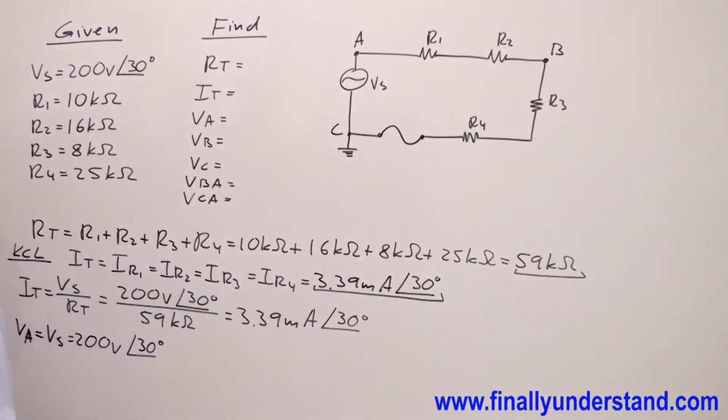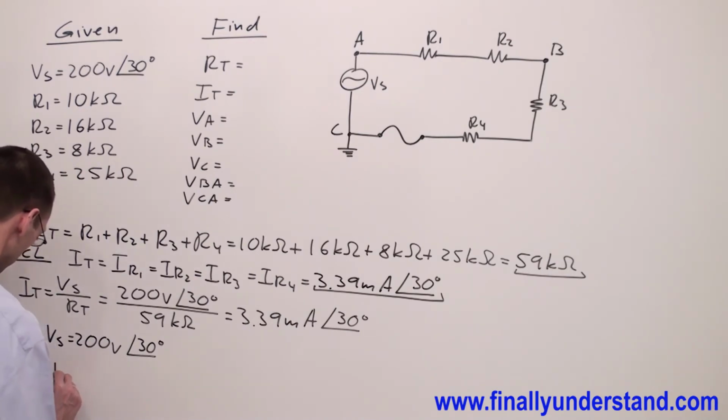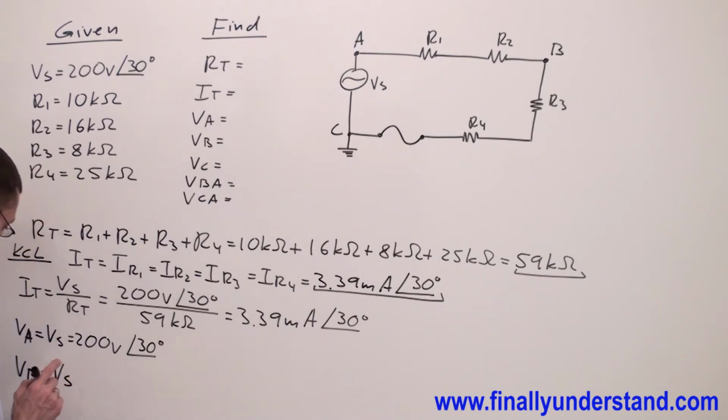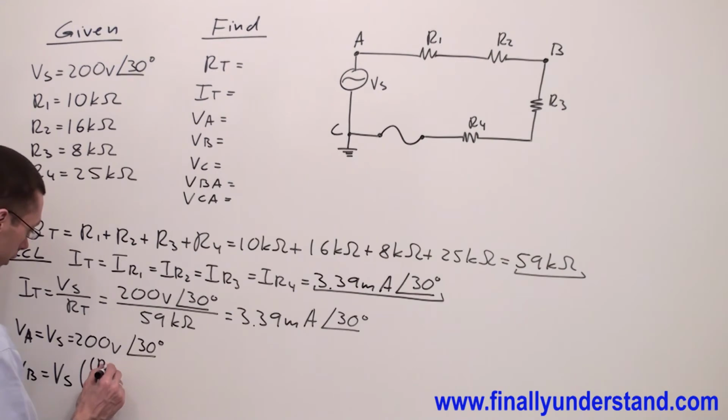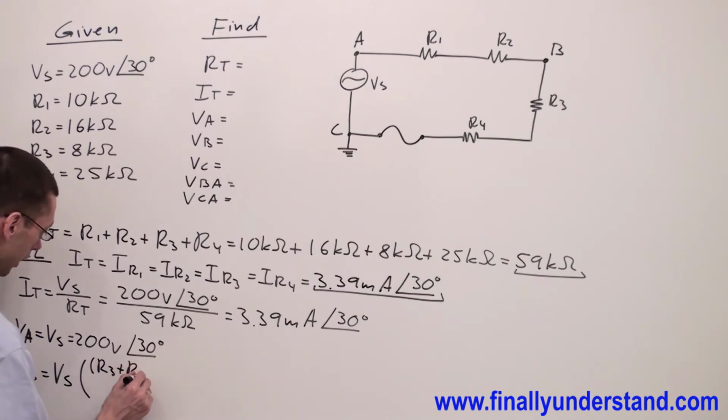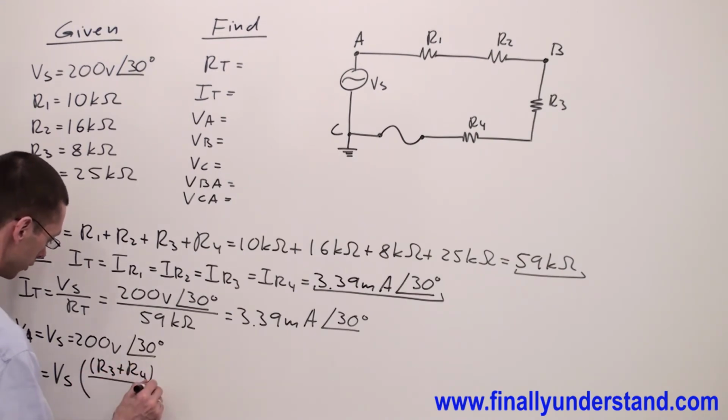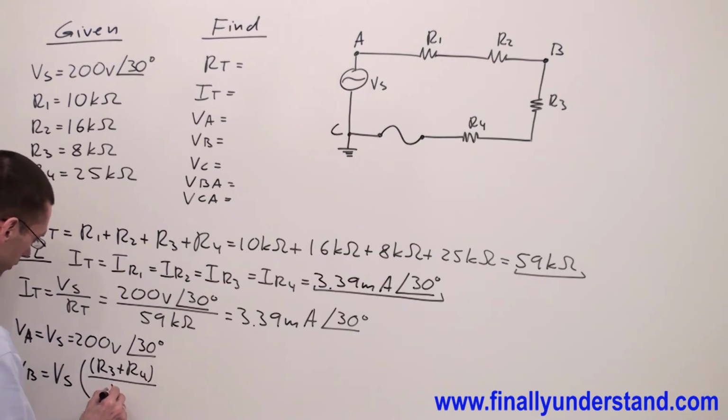Let me show you. VB is equal to the voltage source times the resistance of these 2 resistors, I mean R3 plus R4 over R total.